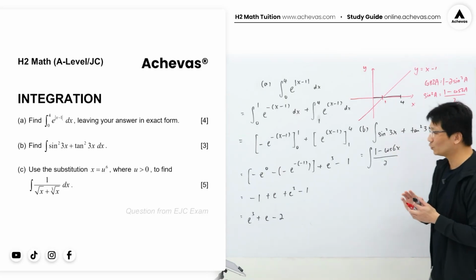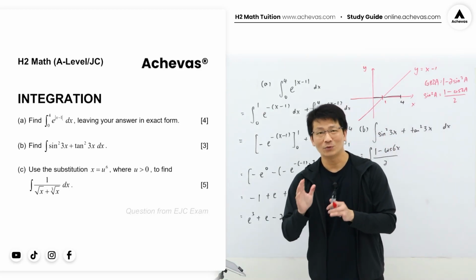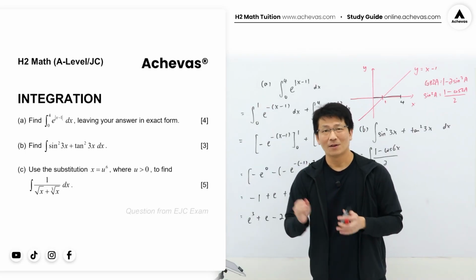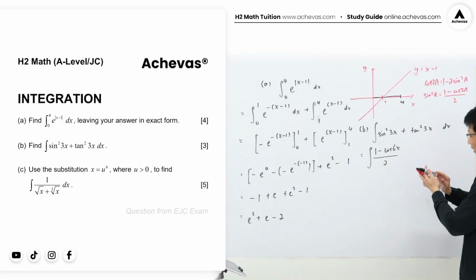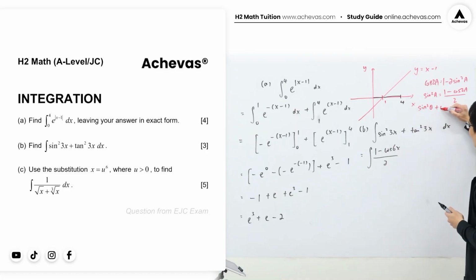As for tangent squared, we are just going to use the identity that we learned in secondary school. This is equal to secant squared minus 1. For those who cannot remember the identity, there's a quick way of proving this. Say we have sine squared theta plus cos squared theta equal to 1.